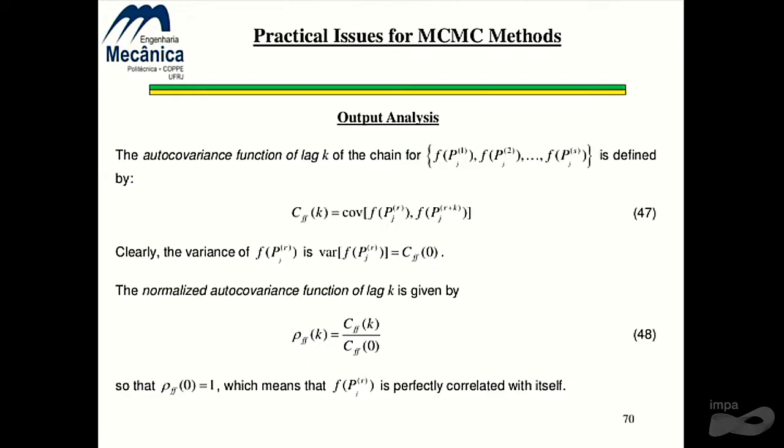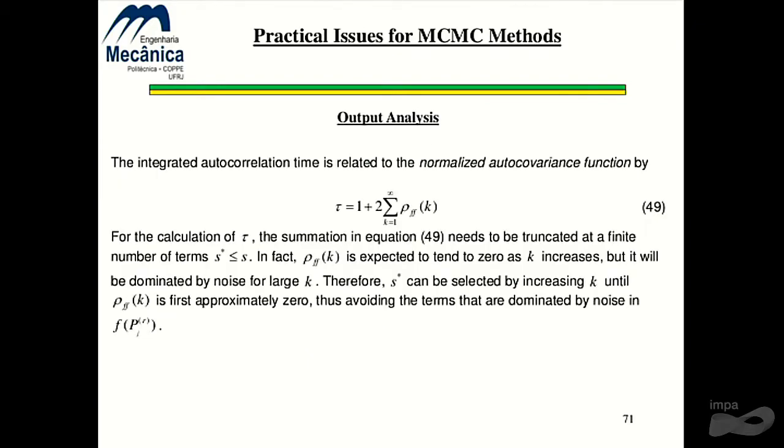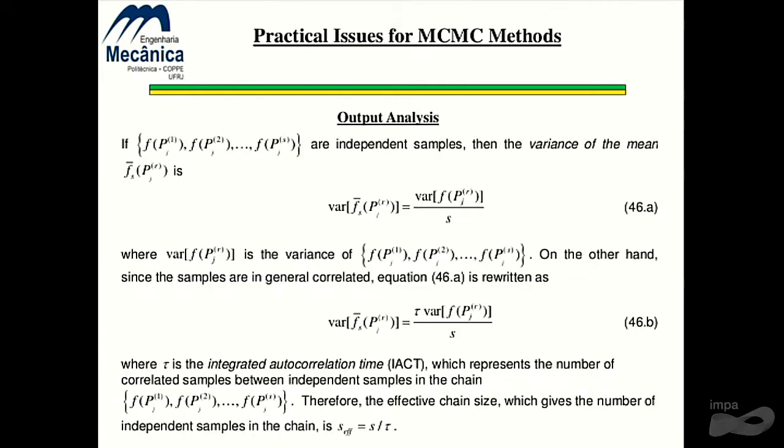Okay, so with this estimate for the autocorrelation time, we then can compute the number of effective samples in the Markov chain.